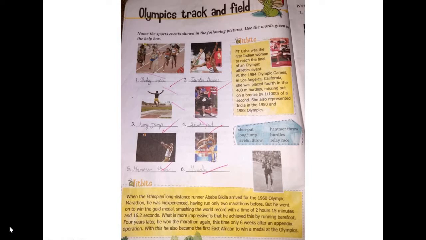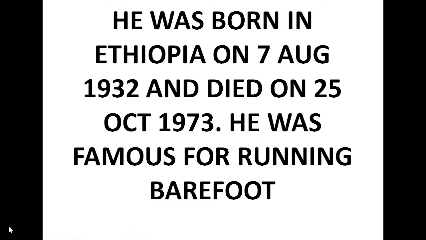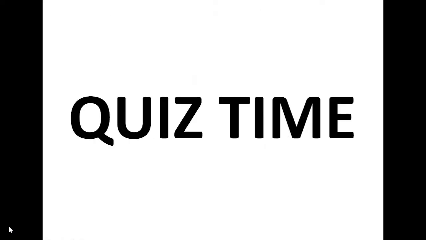Only 6 months before the Olympics, he was operated on for appendix, and after the operation also he could manage to win the gold medal. He was born in Ethiopia on 7th August 1932 and died on 25th October 1973. Again, he was very famous for running barefoot.